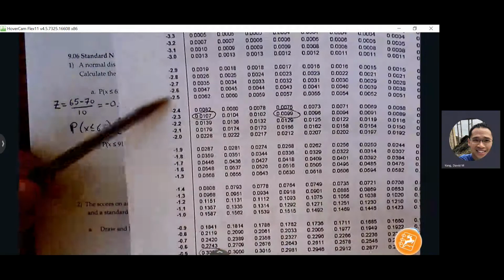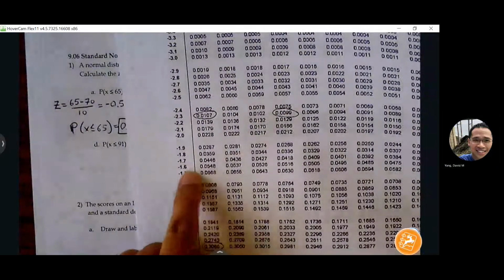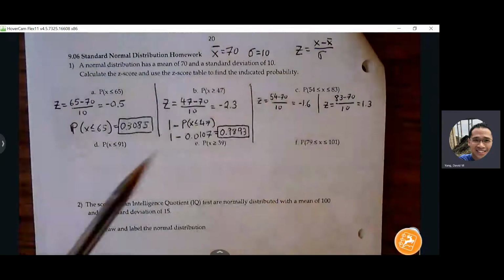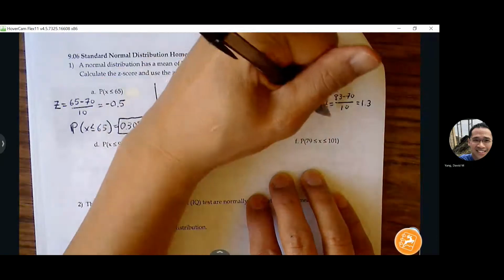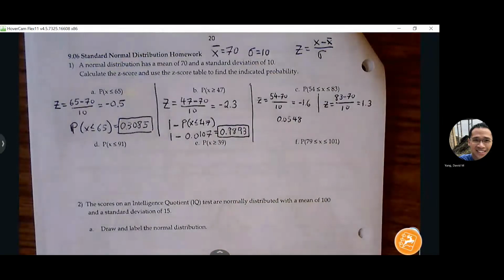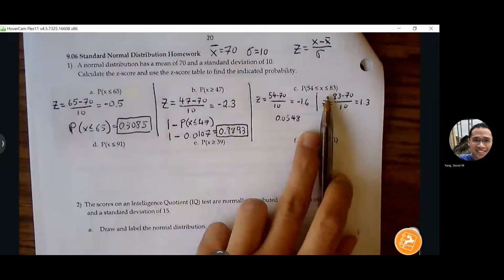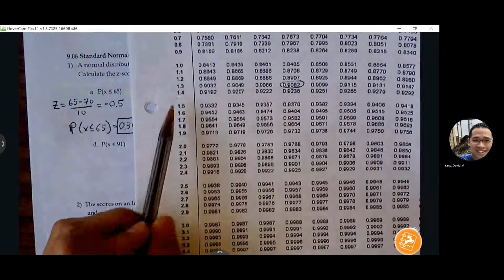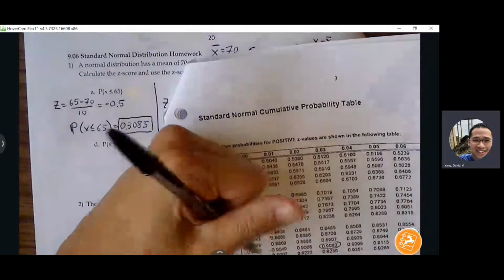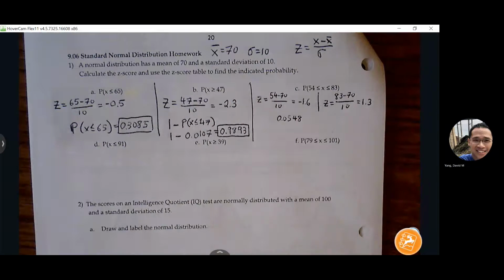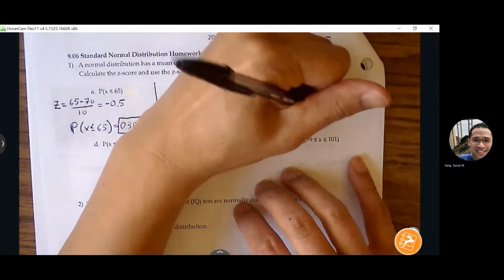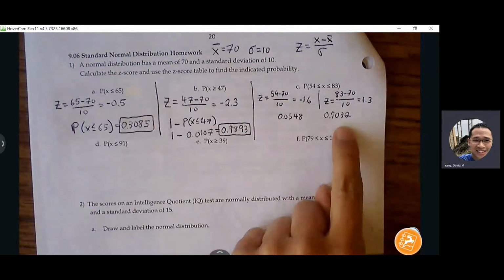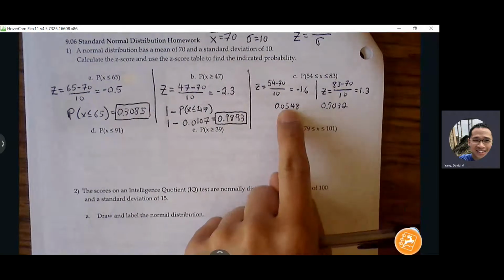Okay, negative 1.6, 0.0548. 1.3, that's over on the positive side, 0.9032. Okay, subtract the smaller from the larger, so we'll do 0.9032 minus 0.0548.